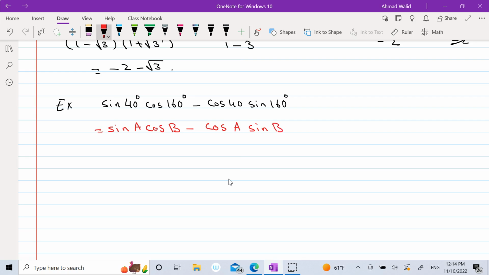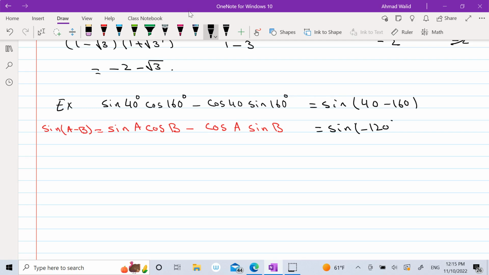We know what is on the left side of this. On the left side, we have sine of A minus B, correct? Then I can rewrite this as sine of 40 minus 160, which gives me sine of negative 120.